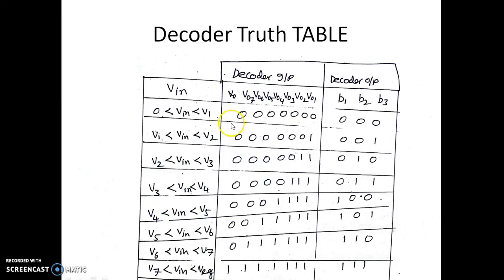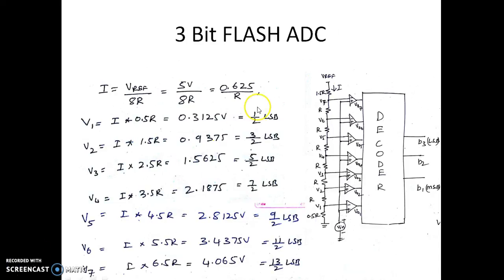Since V reference is always constant, V1 to V7 will always be constant for a given reference voltage, given by half LSB, 3 by 2 half LSB, and 5 by 2 half LSB. The input can be any voltage.